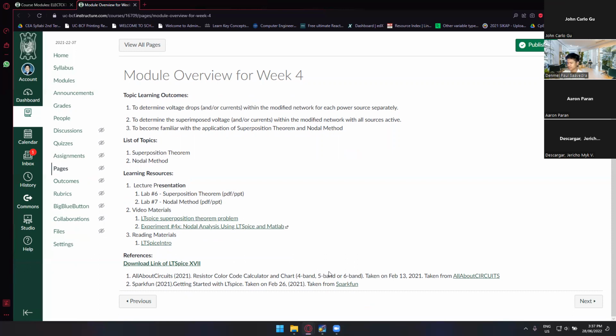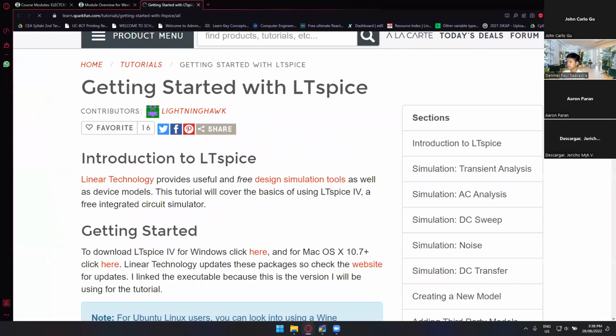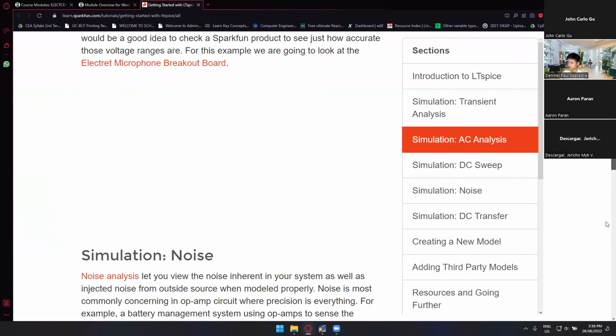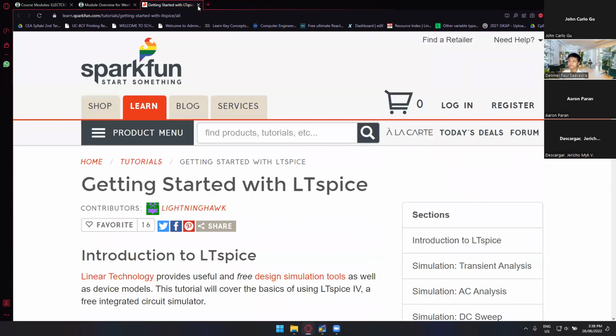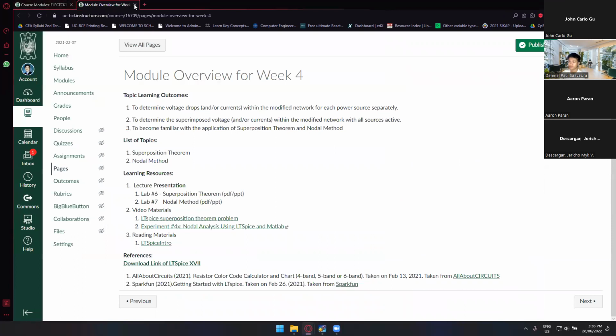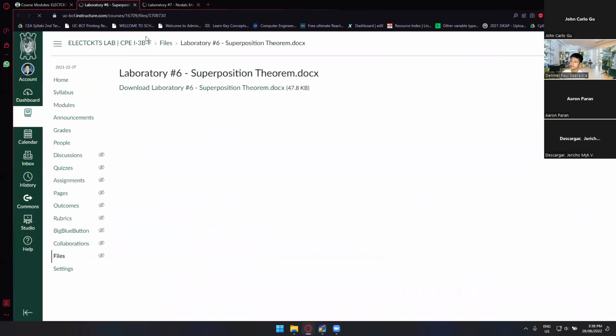Nothing has changed since these are the only sources I have found on LTSpice. If there is a new article about LTSpice, of course you can also visit it. That's pretty much it for the module overview.